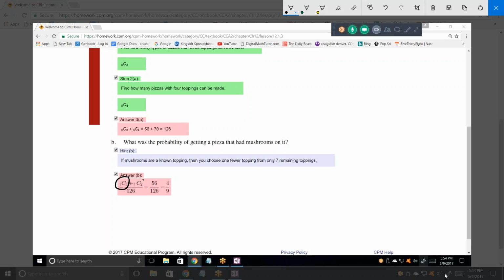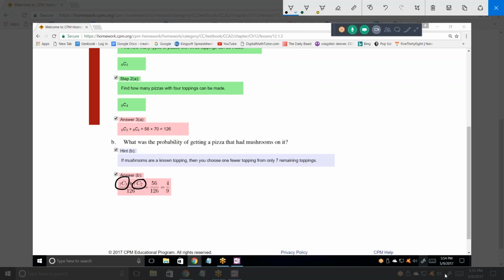And this is the way you can make a 3-topping pizza without mushrooms. Right? Makes sense? I mean, if we only had 7 toppings, throw out the mushrooms, our answer would have been 7 choose 3 and 7 choose 2.